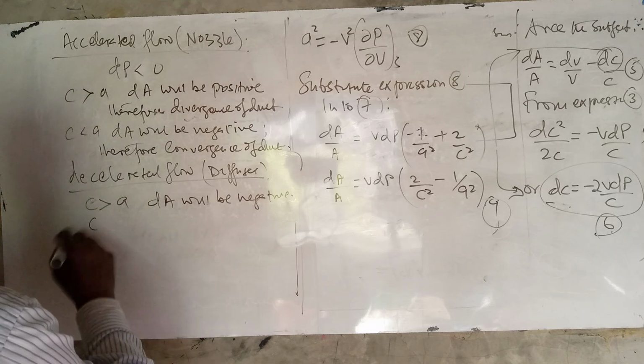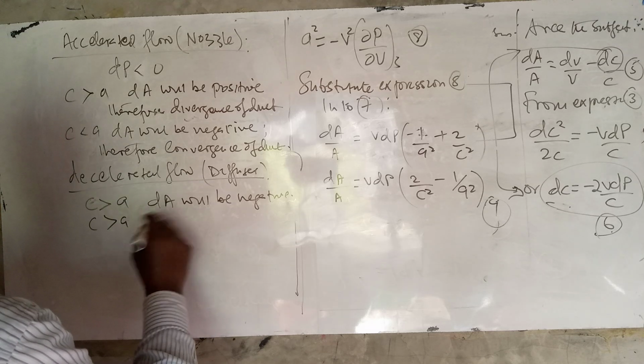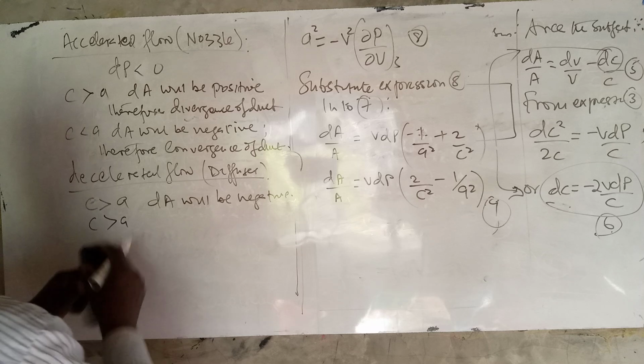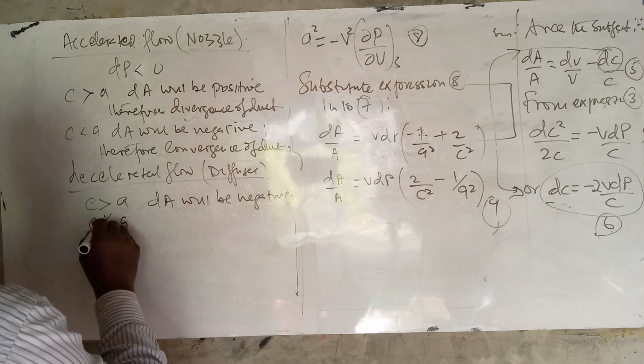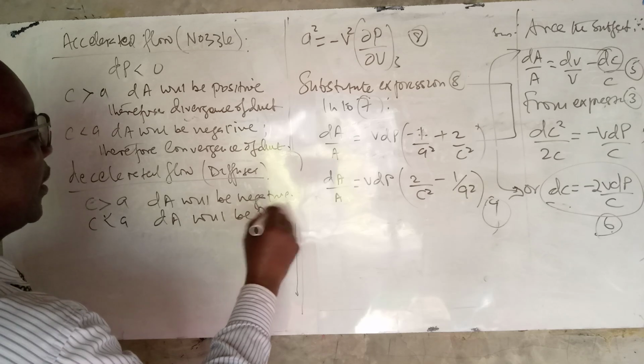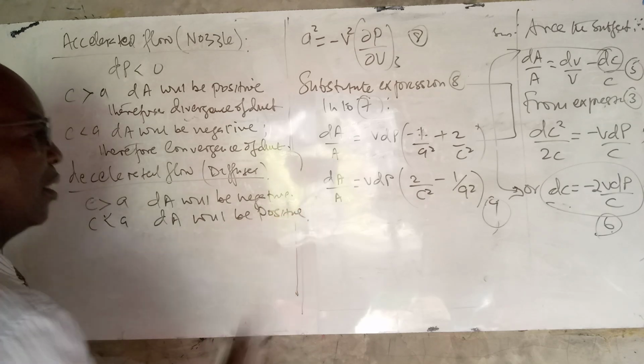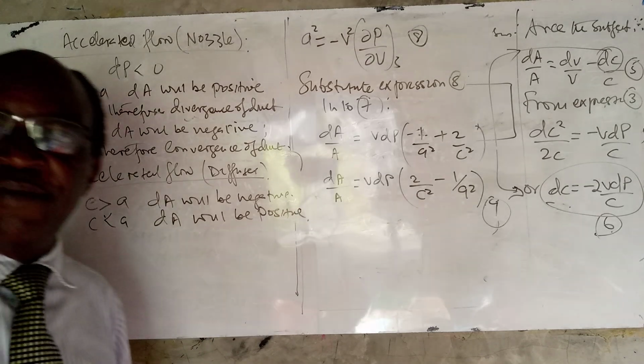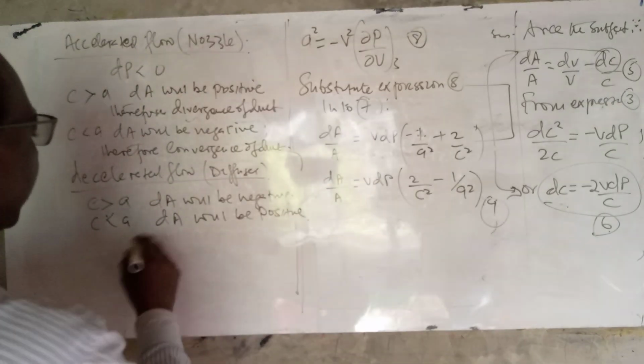And when C is less than A, dA will be positive. What about the case of constant velocity?